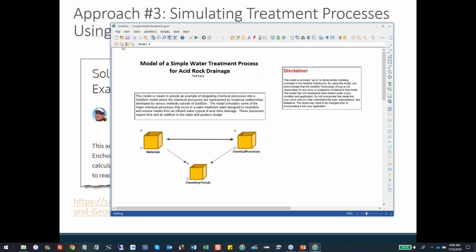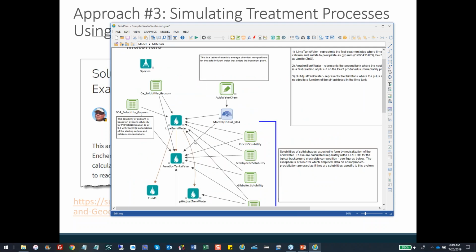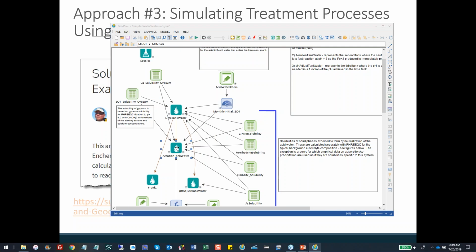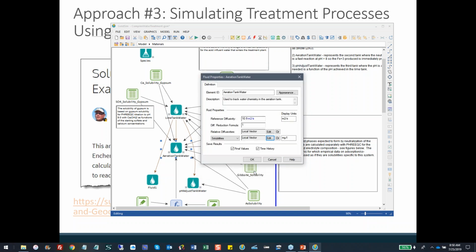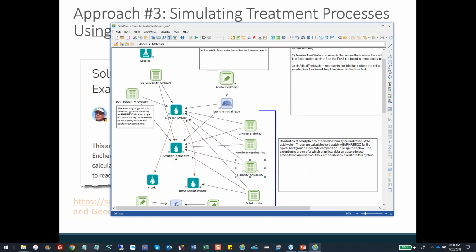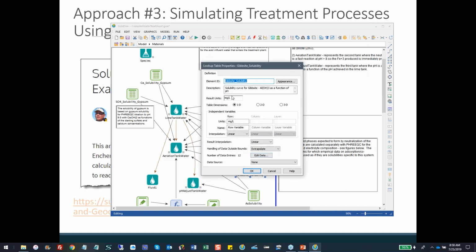Well, using Freak-C, he has developed and specified some solubilities for various species in aeration tank water. Okay, and they're just lookup tables, right? So for example, for aluminum, he uses this lookup table right here, which is a function of pH.